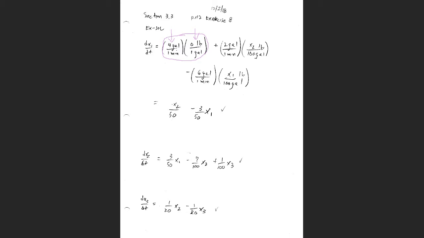And then the mixture from tank B: tank B has 100 gallons in it, so at time t the concentration is x2 pounds per 100 gallons. That flows in at 2 gallons per minute. But then leaving the tank at 6 gallons per minute is the mixture from tank A, and that concentration would be x1 pounds per 100 gallons.